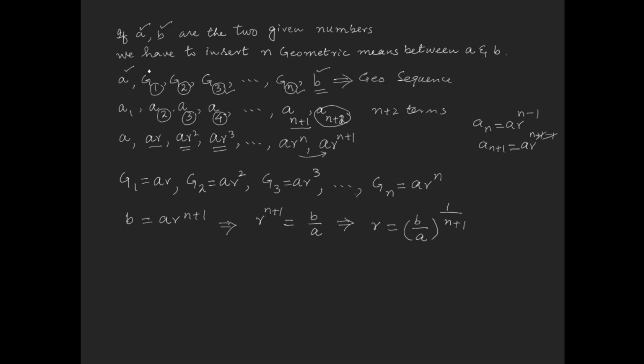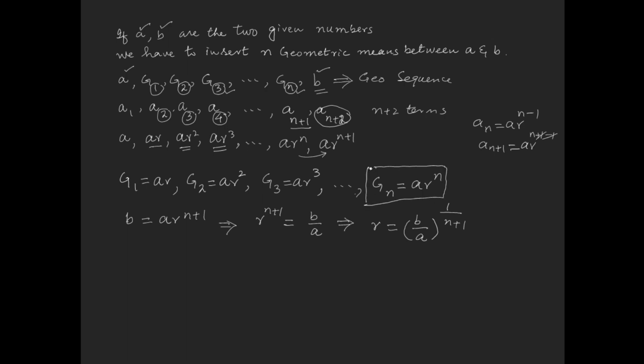So G1 is AR, G2 is AR square, G3, the third geometric mean, is AR cube, and the nth geometric mean is AR to the power n. So this is the general formula for finding a geometric mean.